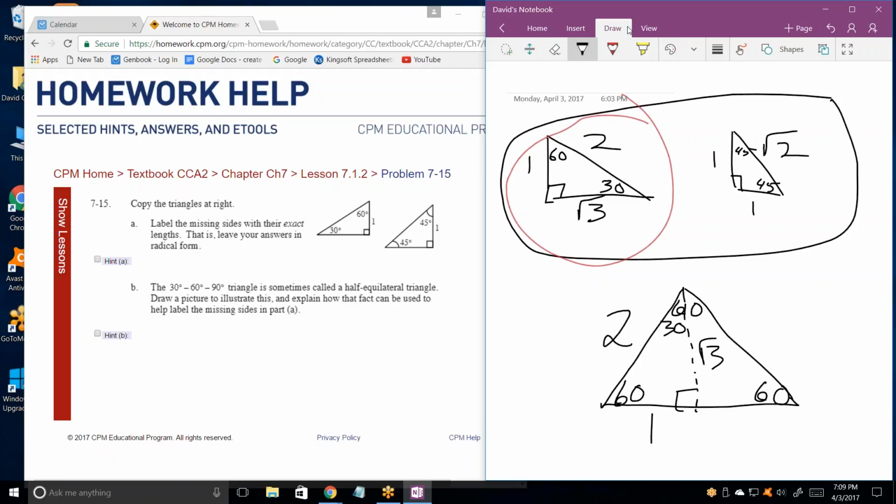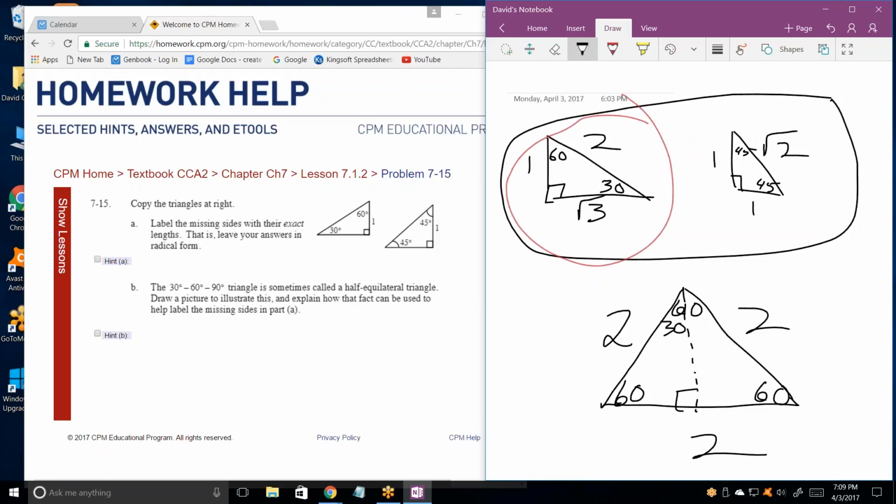So that explains how half of an equilateral triangle can come up with the missing dimensions that we needed in part A. Let me go through it once again. The one thing you know about an equilateral triangle is all three sides are equal, right? Yeah. Those are all 2.